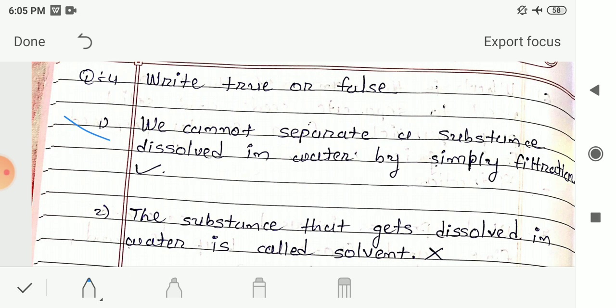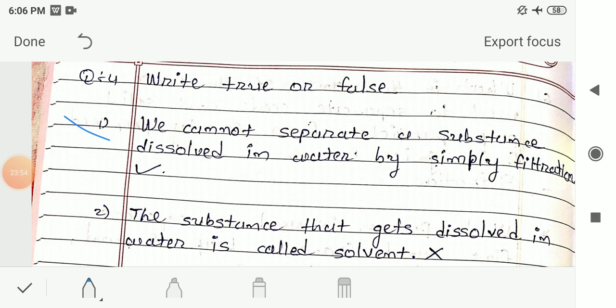We cannot separate the substance that is dissolved in water by the filtration method, like the solution of salt and sugar in water. We cannot separate the sugar and salt from this water. So filtration is not used to separate a dissolved substance in the water.